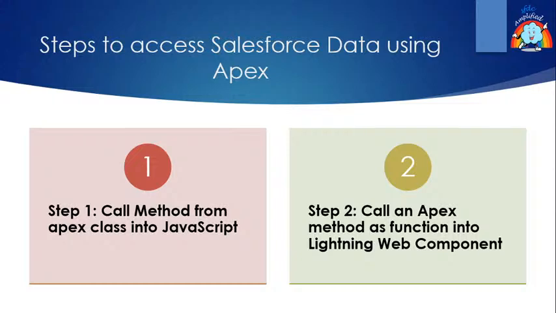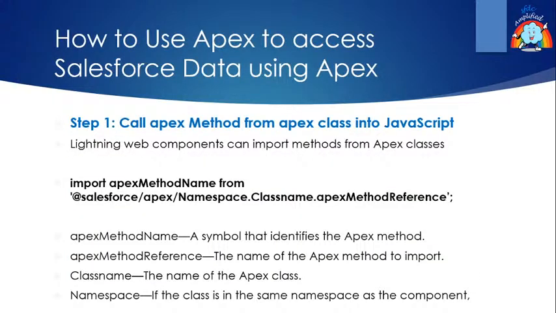We will see both the steps in detail, but today we are covering how to access using Apex, and that too wire service, and we opt for Apex only if we cannot use the other options, only if there is complex data. Otherwise we will opt for a scenario where we don't need to use Apex.